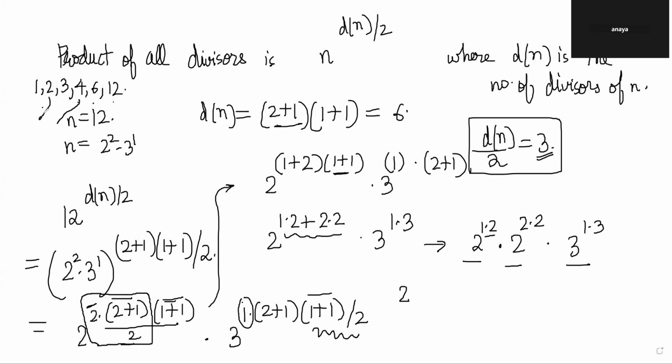I just want to see how to write the divisors in a standard way. 3 power 1 into 3. It is coming correctly. It's just that I wanted a nice way to split it out and write all the divisors. So 2 power 1 into 2, 2 power 2 is here.